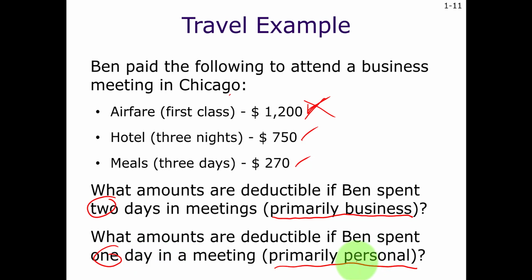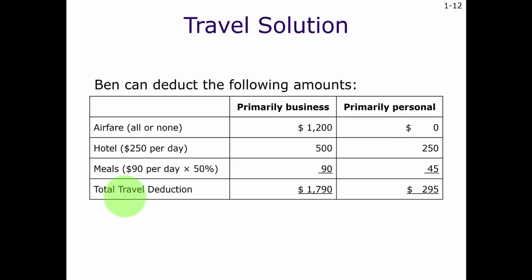Okay, what is the main reason he's going on this trip? Even if it's just 1 day, if it's business, I would deduct all of this airfare cost. The presumption here is looking just at the days, personal versus business. And it's all or nothing. Okay, that's a presumption. Here's the allocation that we just talked about.